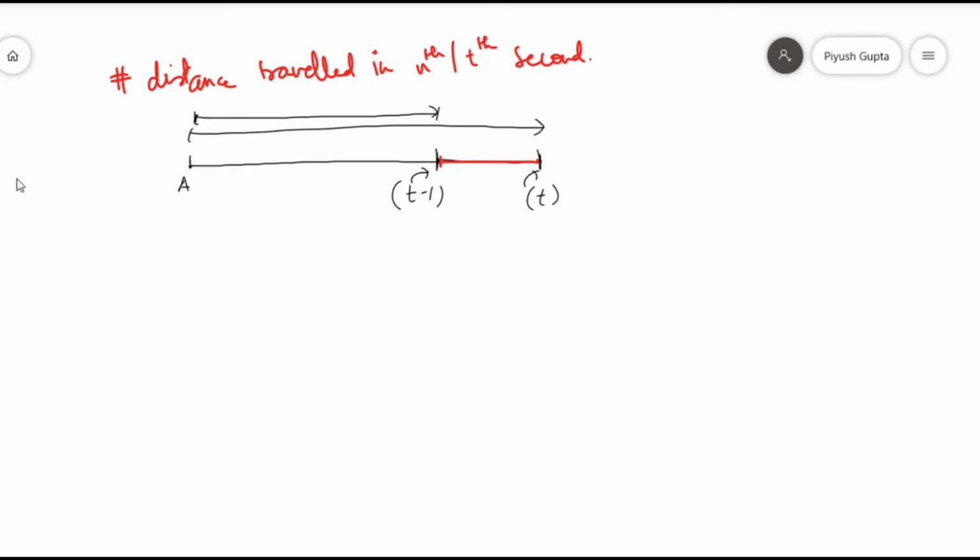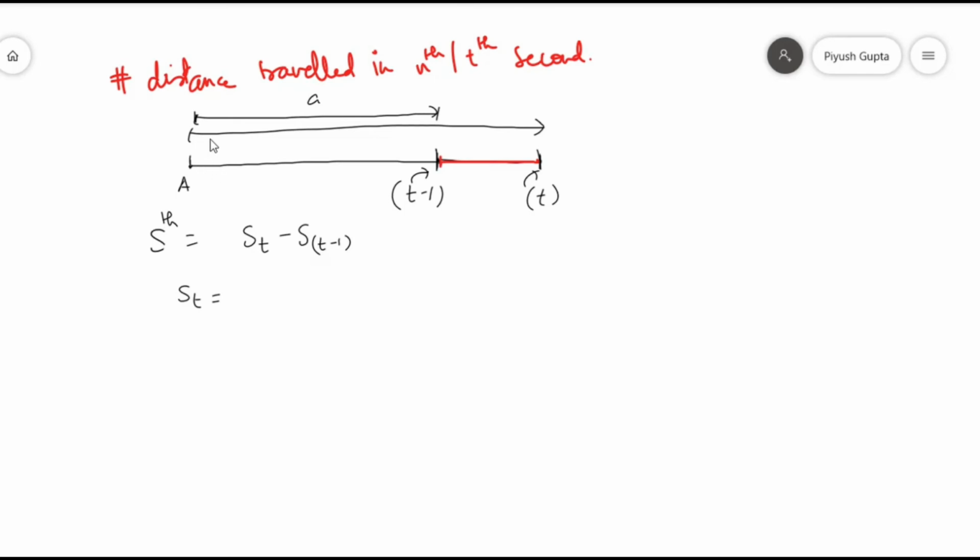So the distance traveled in the tth second is nothing but the distance traveled in t seconds minus the distance traveled in t minus 1 second.